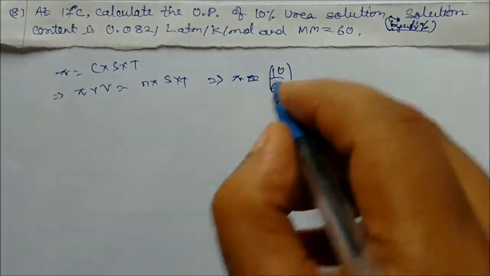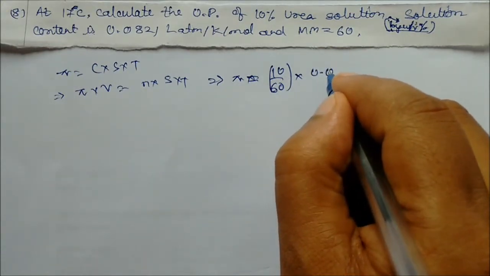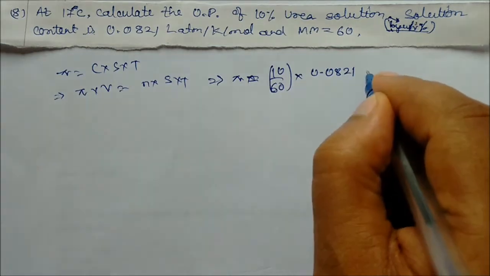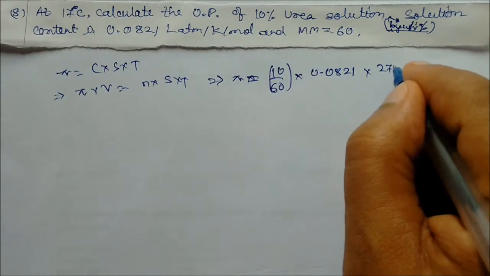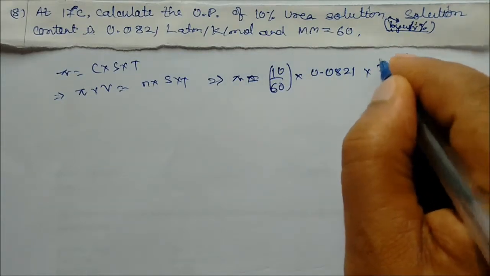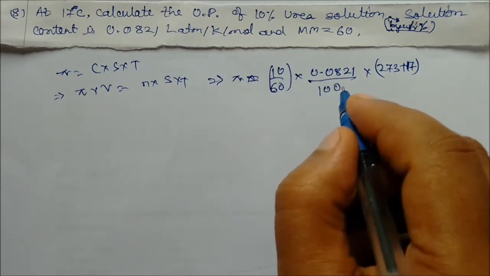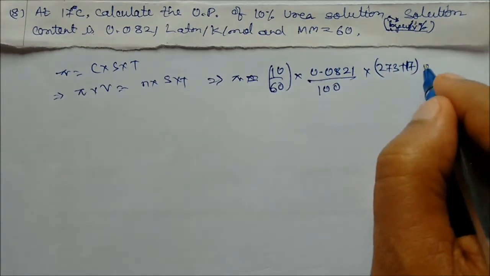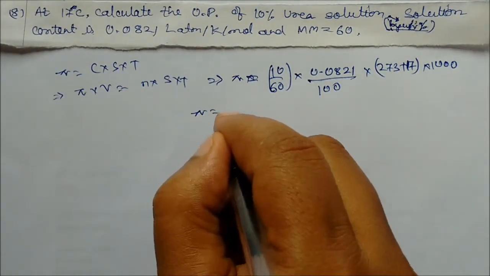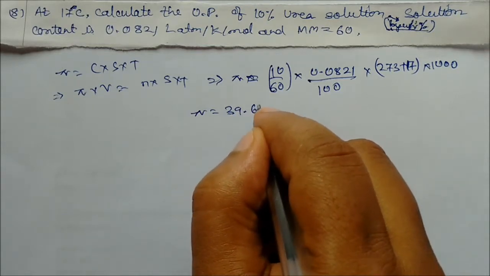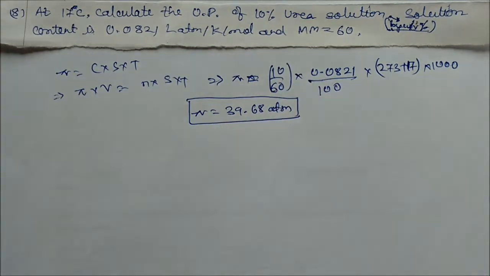This is the total moles, and the solution constant is 0.0821, and temperature they have given 17 degrees centigrade, so 273 plus 17, so this is 290. And volume they have given 100 ml, so again we have to divide by 1000. So now the problem is solved. If you solve it, you will get 39.68 atm. So this problem is not that difficult, easy.